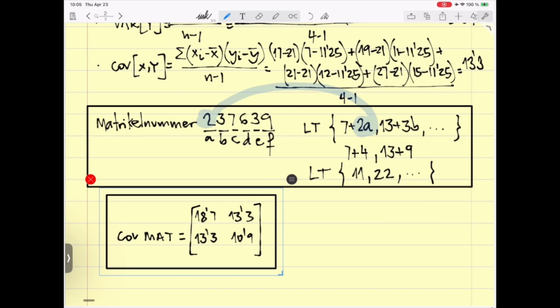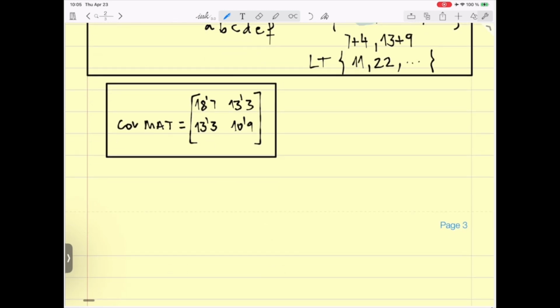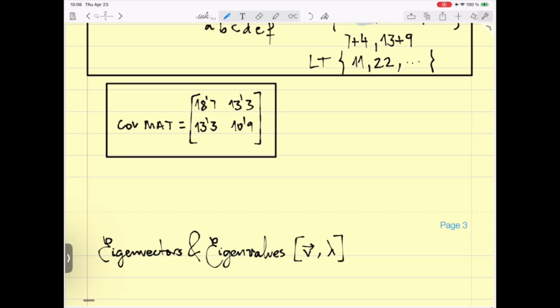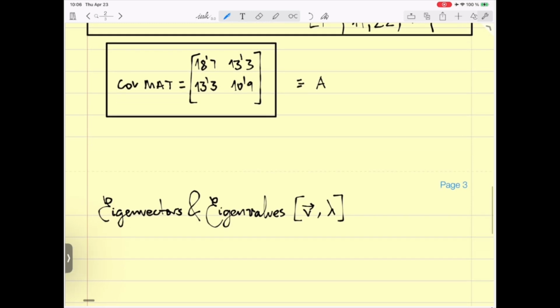And in order to do so, we need to do some calculations. The eigenvectors and eigenvalues, called phi and lambda, can be calculated as follows. If we call the covariance matrix, let's say A, then eigenvectors and eigenvalues verify this equation.